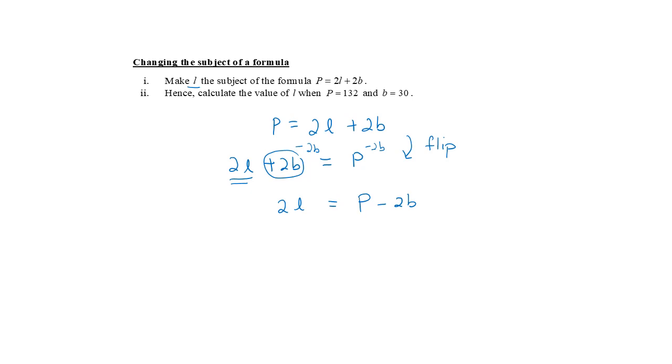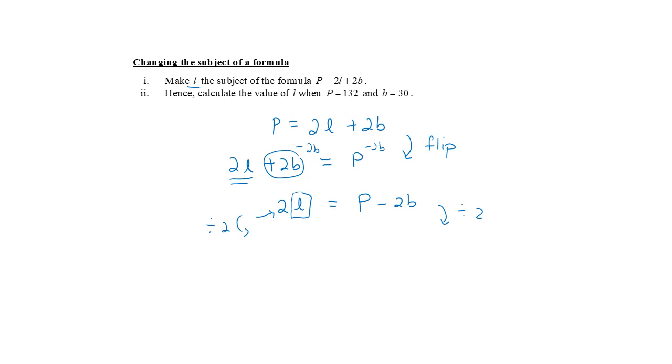But I'm still not there yet because the question wants just one L on the left-hand side, to make L the subject of the formula. So I don't want the 2 here. Since this is 2 times L, I'm going to have to divide the left-hand side by 2 and divide the right-hand side by 2 as well.